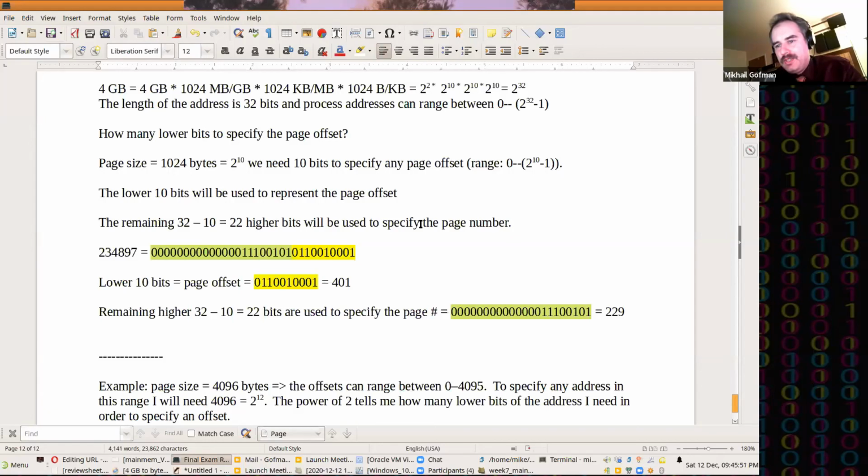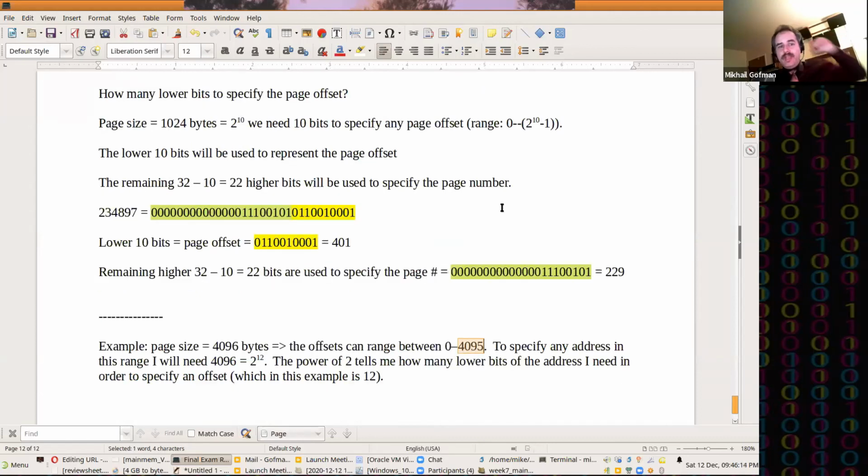Make sense? Which in this example is 12. So I need 12 bits to be able to specify any offset between 0 and 4095. Make sense? Yeah, so that's basically the idea.